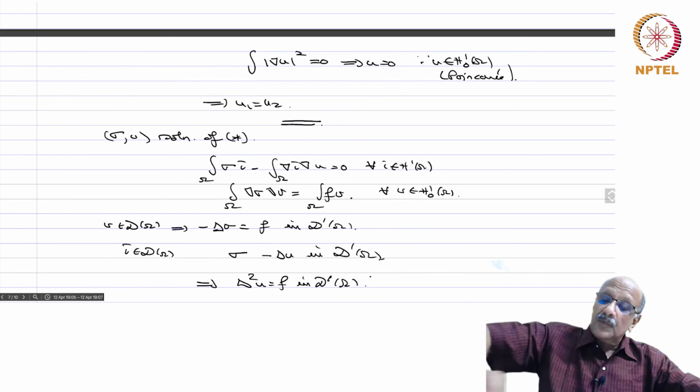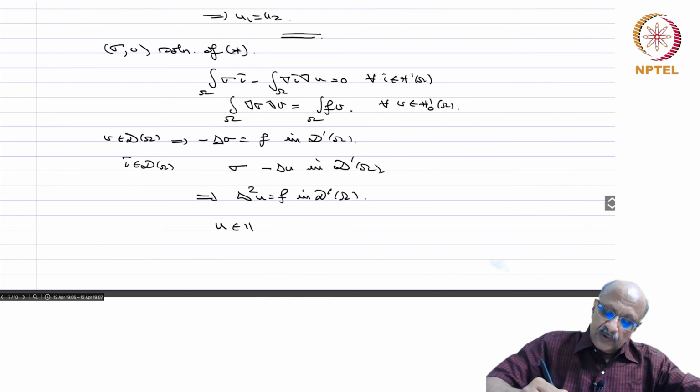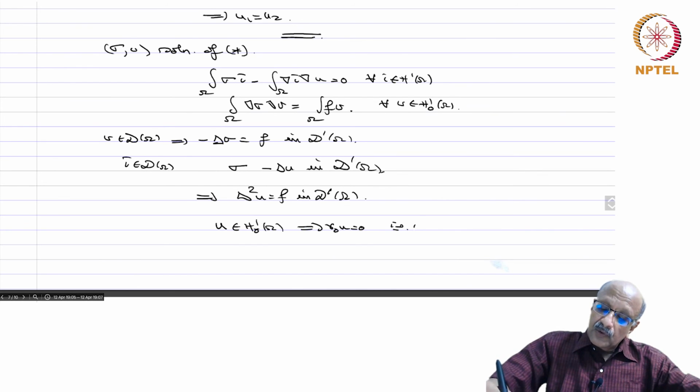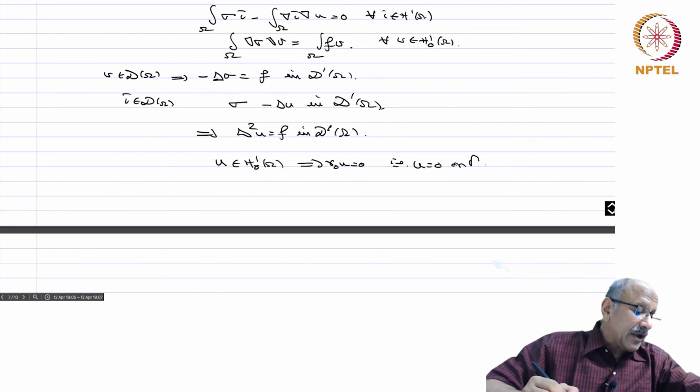So in the sense of distributions it satisfies the equation, and you also have u is in H1 0 of omega, so gamma naught u equal to 0, that is u equal to 0 on gamma. So we now only have to recover the other boundary condition.